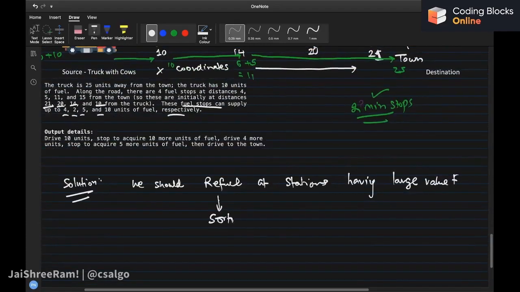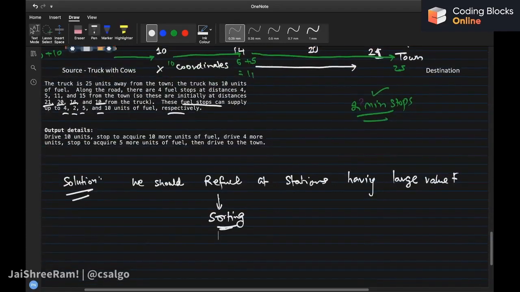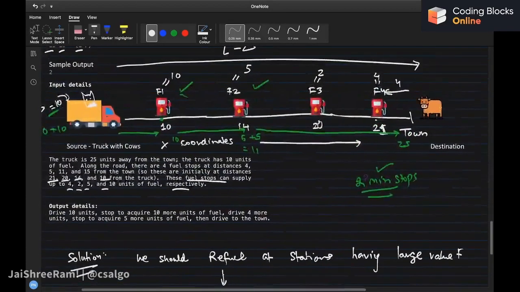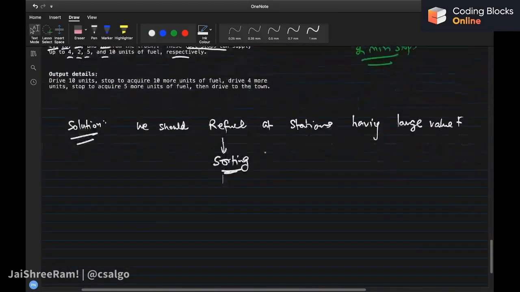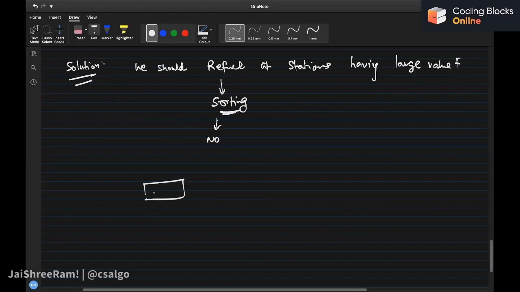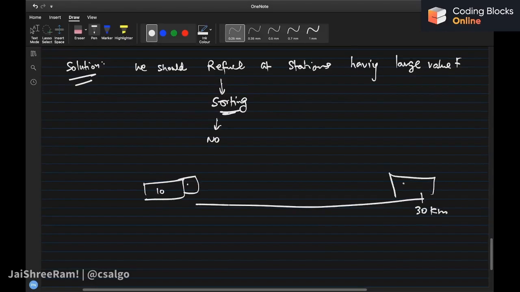Okay, so my first question is, if we directly sort the fuel stations according to the fuel capacity, will it work? The answer is obviously no, because suppose you are standing at this point and you have 10 units of fuel, and there is a fuel station 30 kilometers away that is offering 100 liters, and there is a fuel station at, let's say, 10 kilometers away which is offering 5 liters.